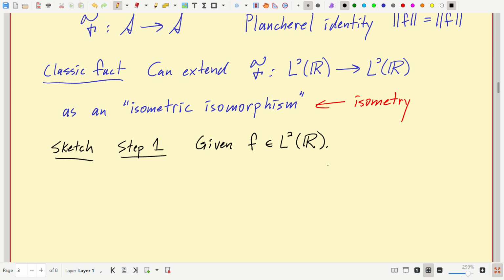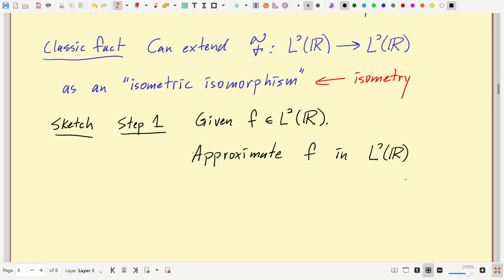Okay, step one is to approximate f in L2 by a compactly supported thing. A sequence with compact support.